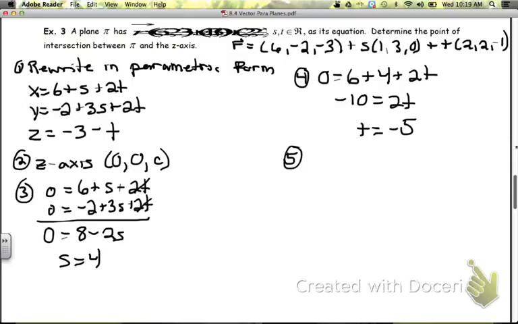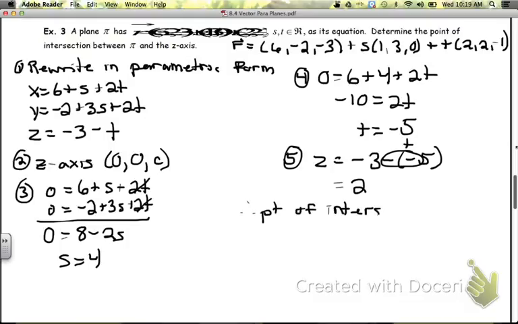And then in step 5 here, we have z is equal to -3 minus -5. Remember, those two negatives will make a positive, so therefore z is 2. So therefore, the point of intersection is at (0, 0, 2).